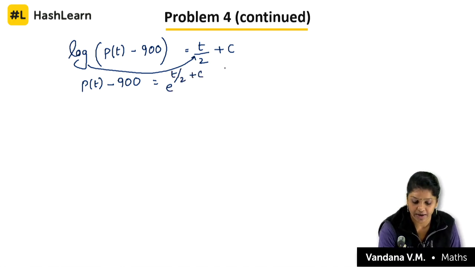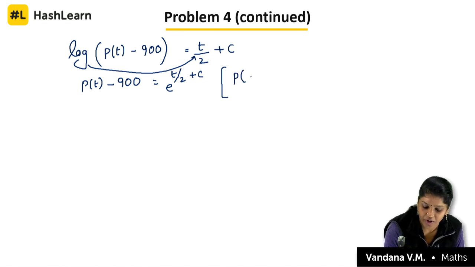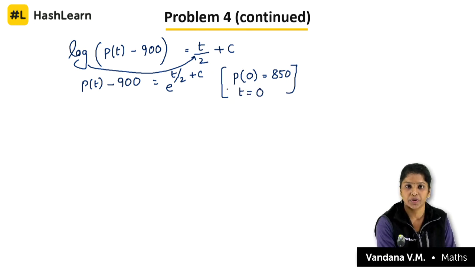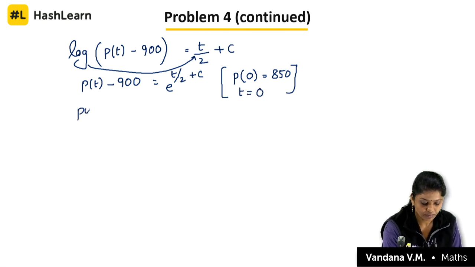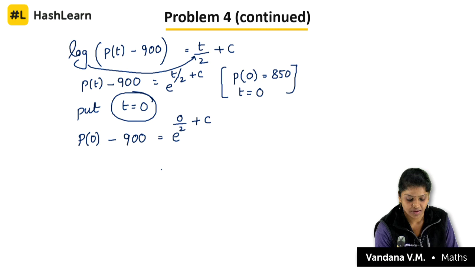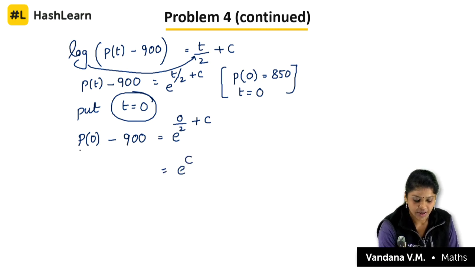I told you already, they gave P(0) equal to 850. That means they gave the t value, put t value as 0. What we will get? P(0) - 900 is equal to e power 0 by 2 plus c, that is e power c.